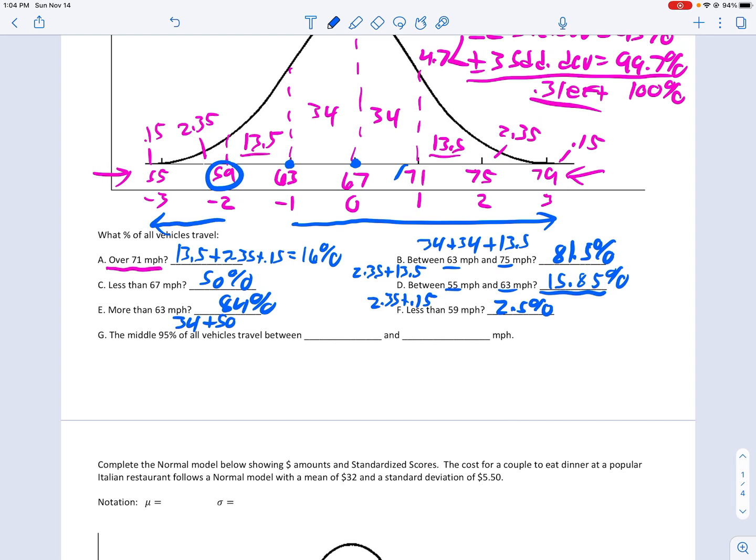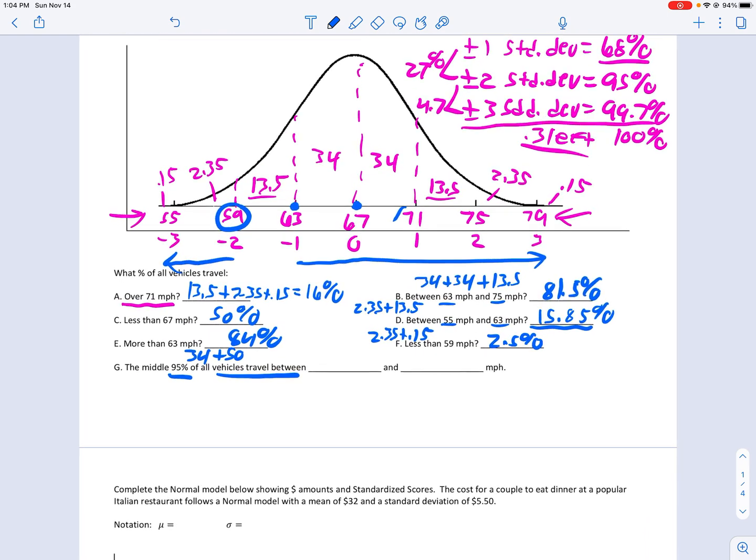Okay, the middle 95% of the vehicles traveled between what two speeds? So 95%, right? That means we're looking within 2 standard deviations is where you will find the middle 95%.